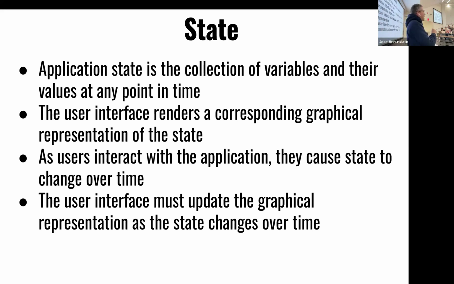And so that's one of the reasons we abandon classes for functions, because if you have a function and it always gives you the same output for the same input, you can enumerate all the possible states.